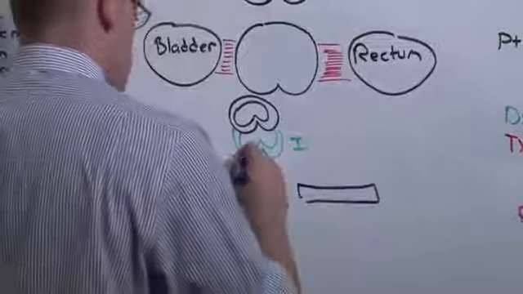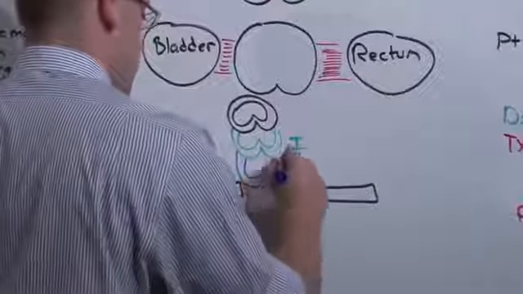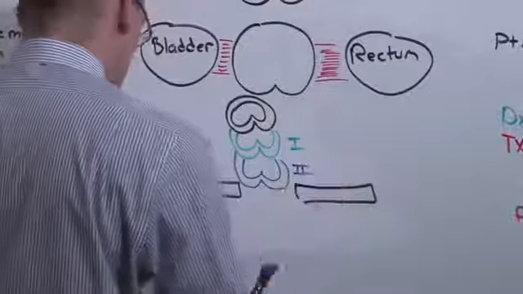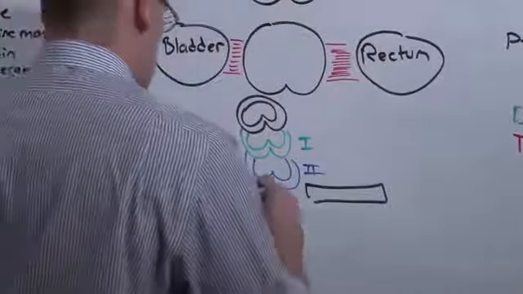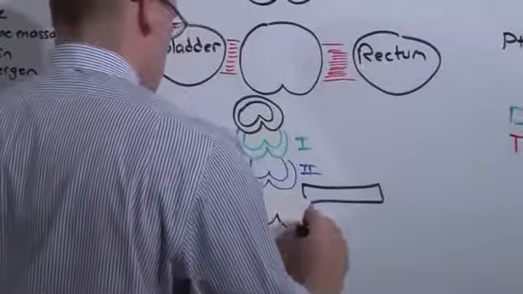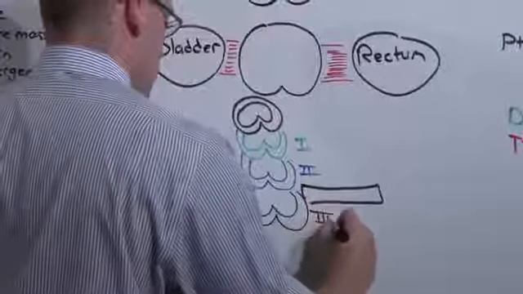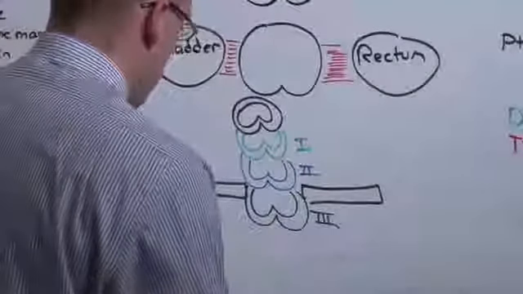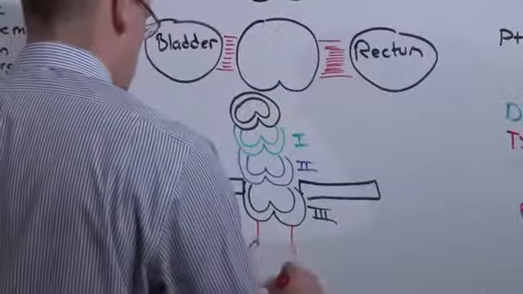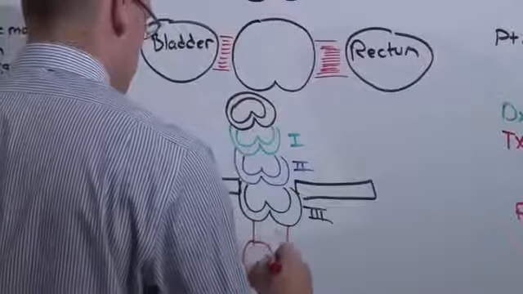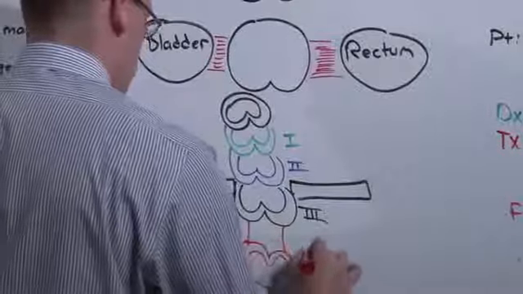If the uterus comes down to the vaginal opening but does not exit, it's a grade 2 uterine prolapse. If you've got uterus outside of the vagina but not inverted, grade 3. And if you have full inversion of the uterus, you've got grade 4.